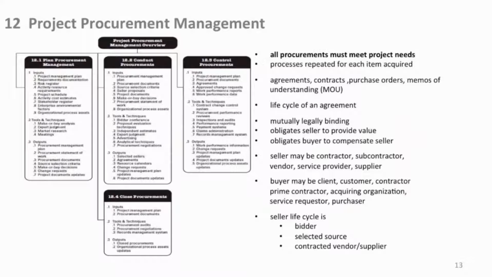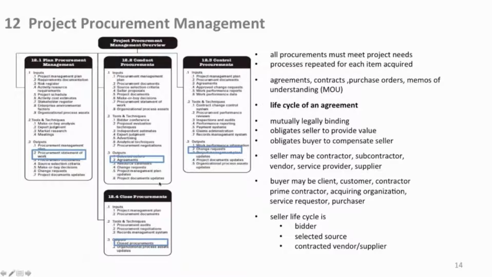Now, these commitments, purchase orders, you say, well, why don't you just say the right name? Well, there are many names depending on the nature of the procurement. It could be an agreement, a contract, a purchase order, the memo of understanding we talked about. It could even have other names than this. But the point is, once you get it, it's a legally binding document. And any one of these types of agreements or contracts, whatever you want to call them, they have a life cycle.